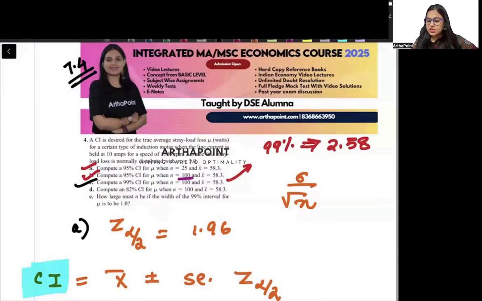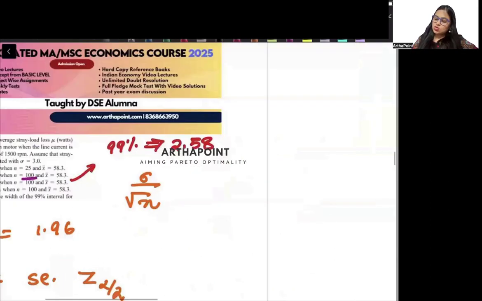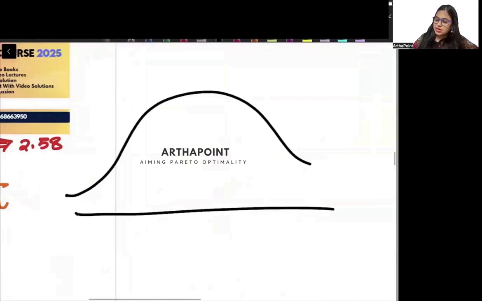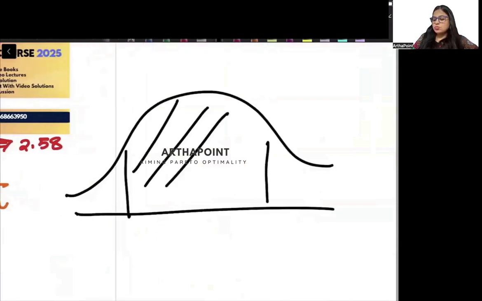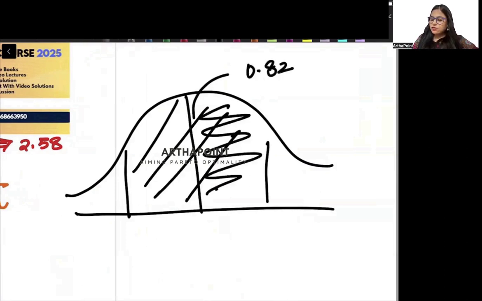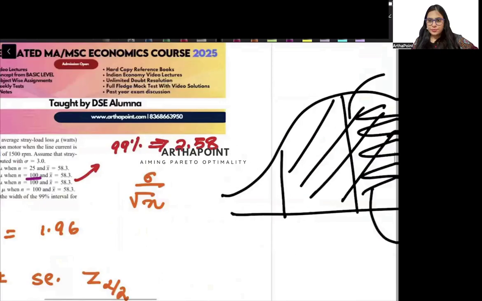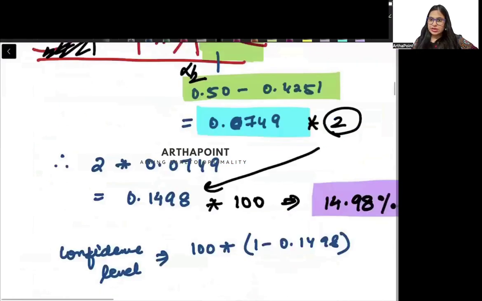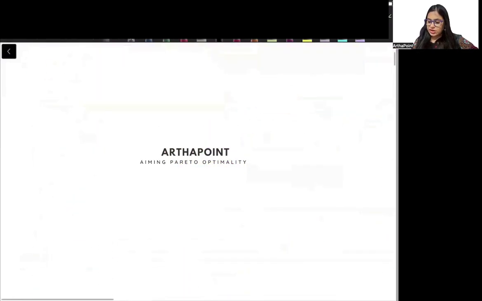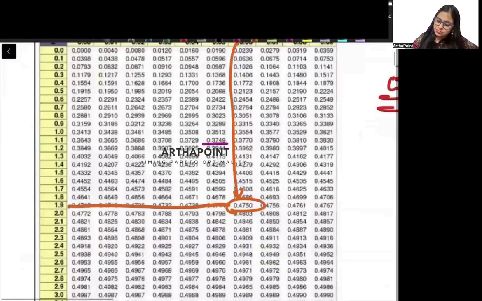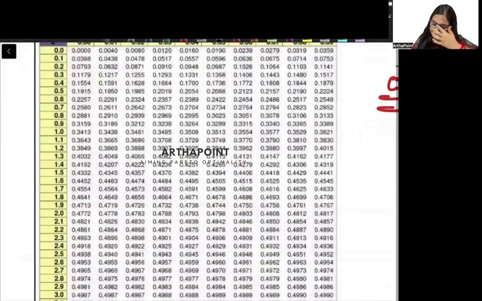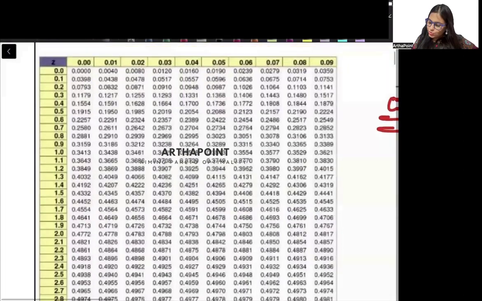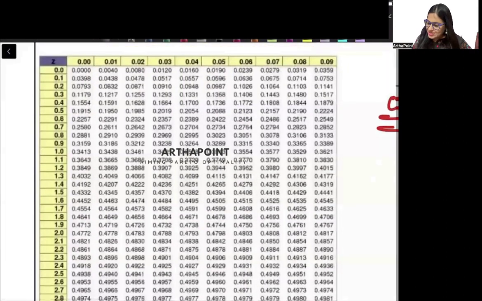Compute an 82% confidence interval. So just try to understand. If I say that this region I want to be 82%, that means 0.82. That means I want this half of the region to be 0.41. So I need to go to the table and find out where this 0.41 is. Okay, use your good eyesight and find 0.41 for me.